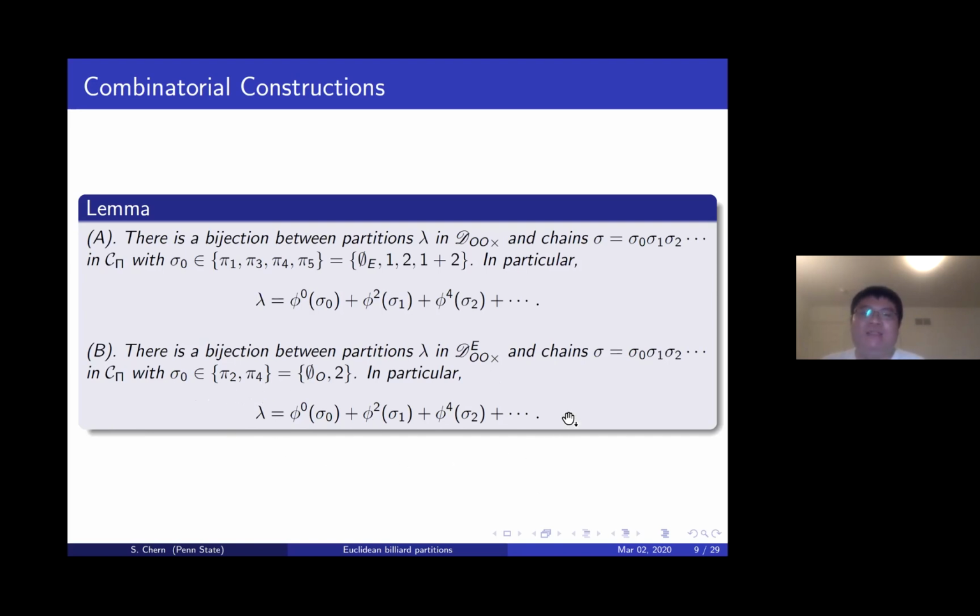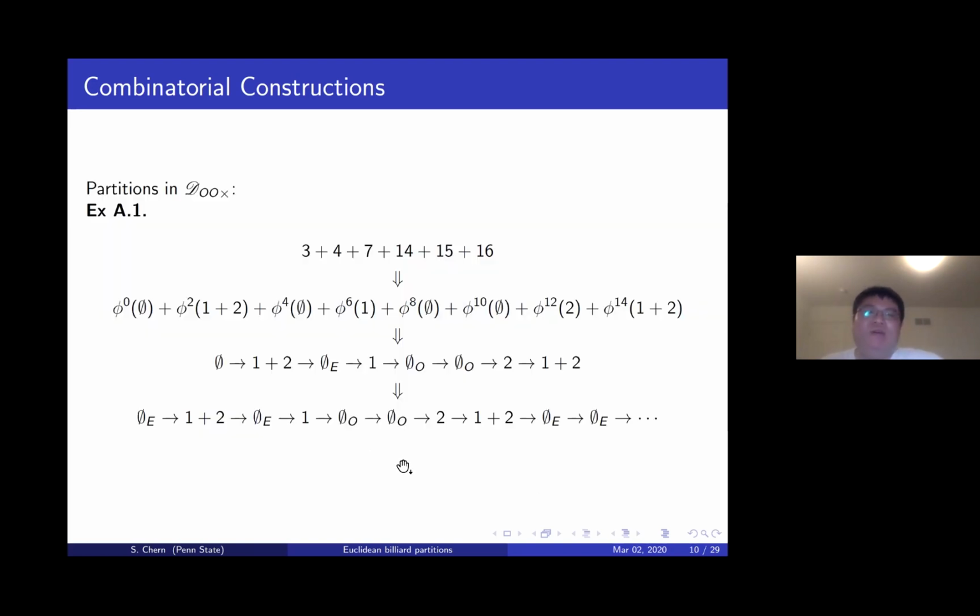And again, we have the same correspondence between the partition and the infinite chain. So I will not give a proof of this lemma, but I will give several examples.